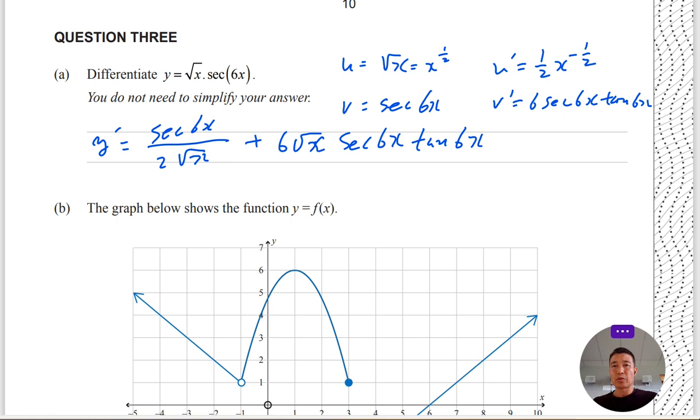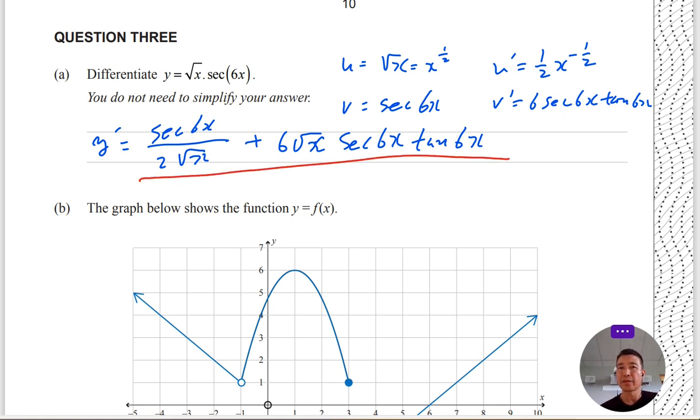v prime becomes the derivative of 6x, which is 6, and secant 6x tangent 6x, right? So it becomes vu prime, yeah, plus uv prime, right? So that's how you get that.